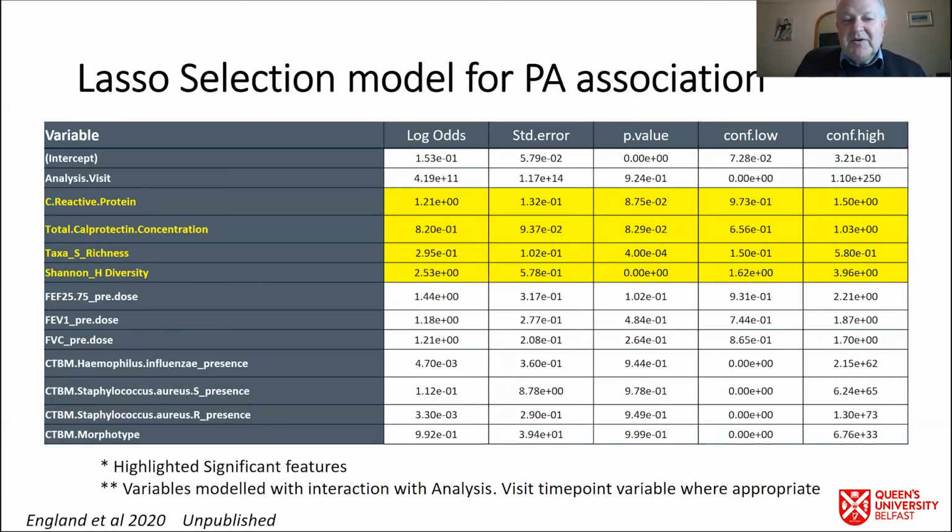This is an exploratory analysis, but I think begins to suggest that there may be important interrelationships between microbial diversity, particular organisms, and airways inflammation.